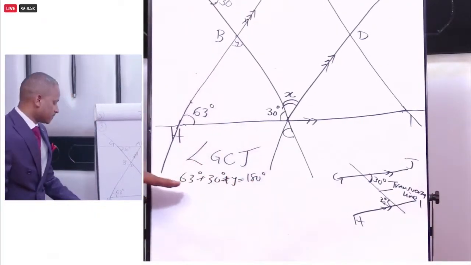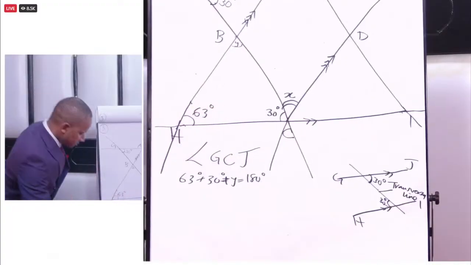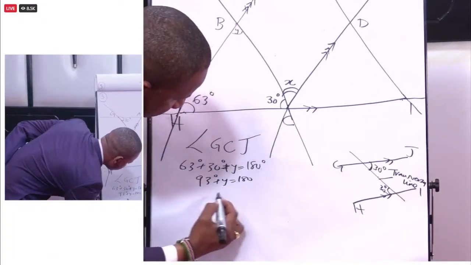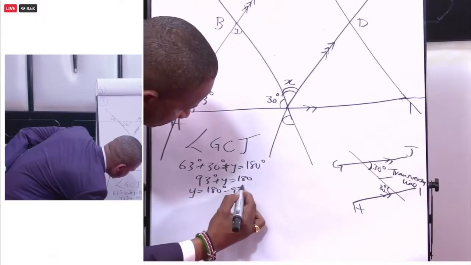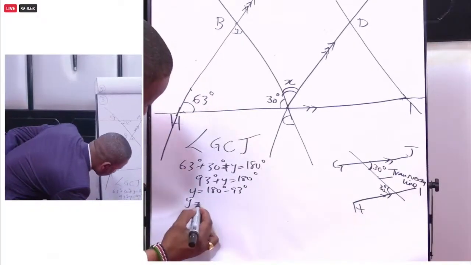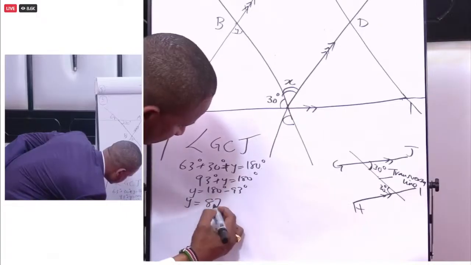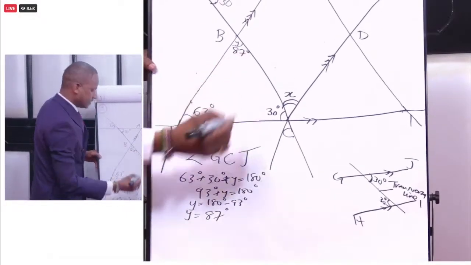The reasoning is angles in a triangle add up to 180 degrees. So 93 degrees plus Y equals 180, so Y equals 180 degrees minus 93 degrees. Don't forget to write degrees. So angle Y equals 180 minus 93, that is 87 degrees.